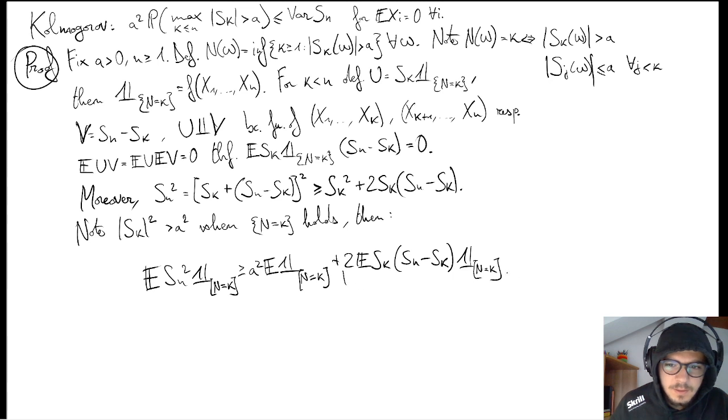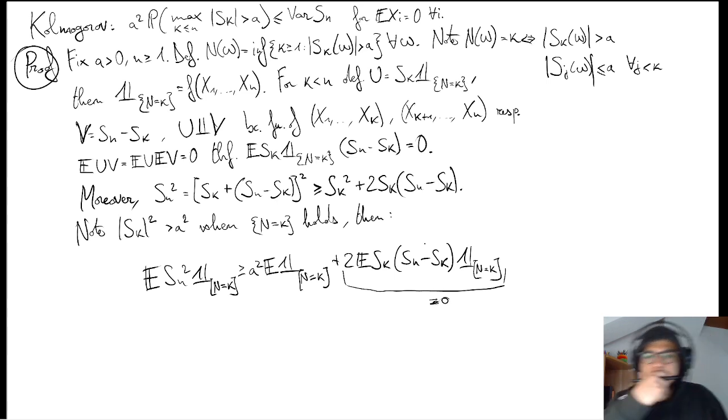Here it's actually equal k, I think. And this thing here is 0. Why? Because we saw it here.